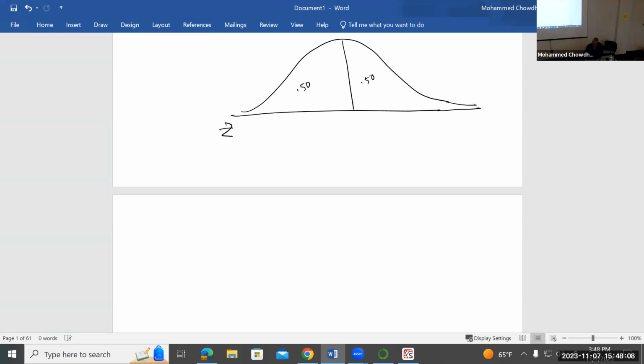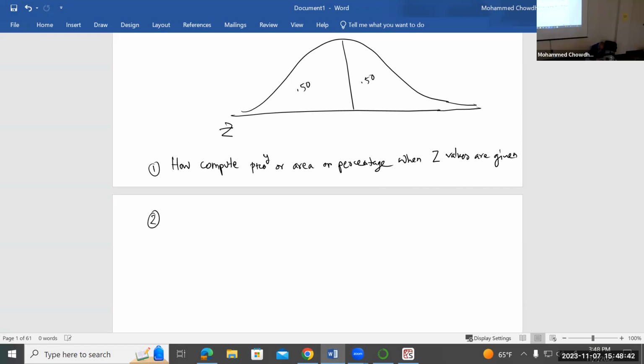What we learned is how to compute probability or area or percentage when Z values are given. This is one we have learned.